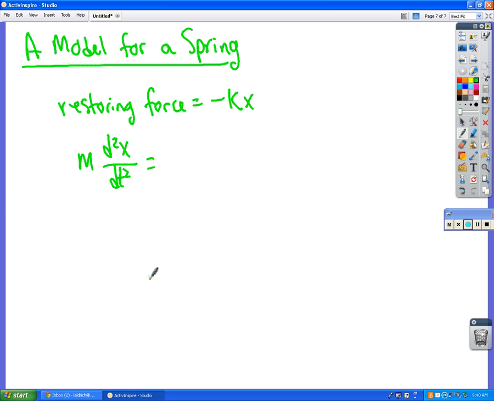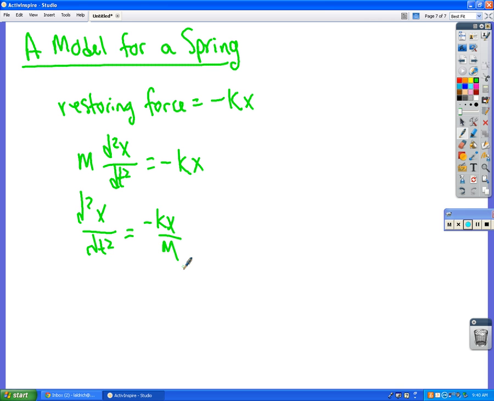And this equals the negative spring constant times x. And the way that they want us to come up with this is, instead of writing it like this, they want to have it solved for the second derivative. So this is our equation for the motion of a spring.